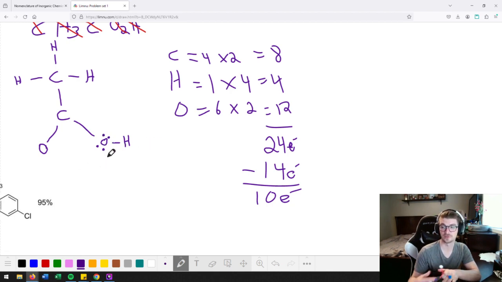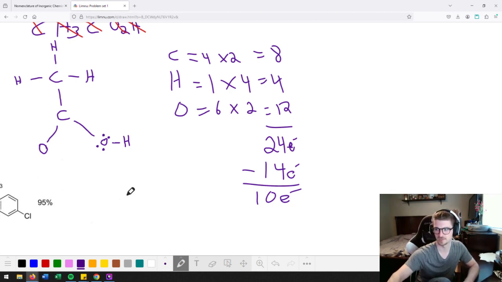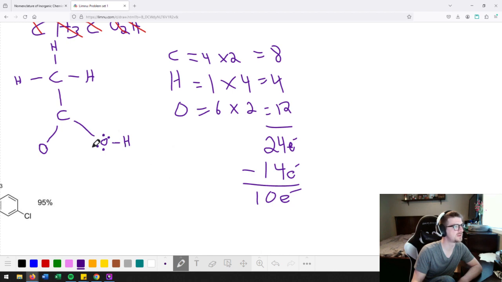Lone pairs is almost what I meant to say, because I said 4. It has 2 lone pairs, which is 4 electrons. Yes, I promise I'm terribly good at this stuff. So that's going to be a neutral oxygen overall, because a neutral oxygen has 2 bonds and 2 lone pairs. And then that takes care of 4 of our valence electrons, and then the rest we could put around this oxygen.